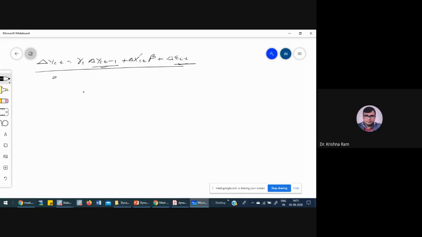So when you use OLS in this case, we get biased and inconsistent estimates of the parameters.